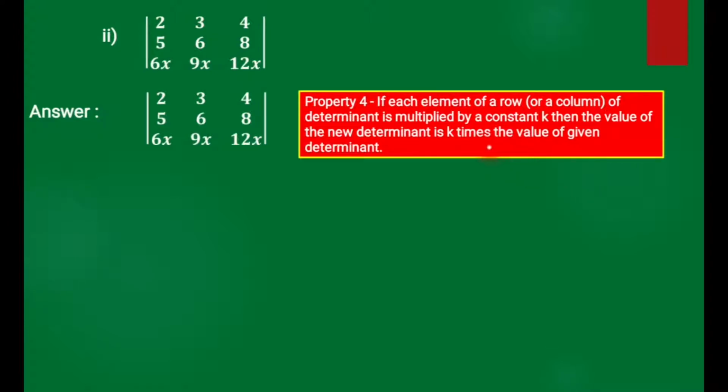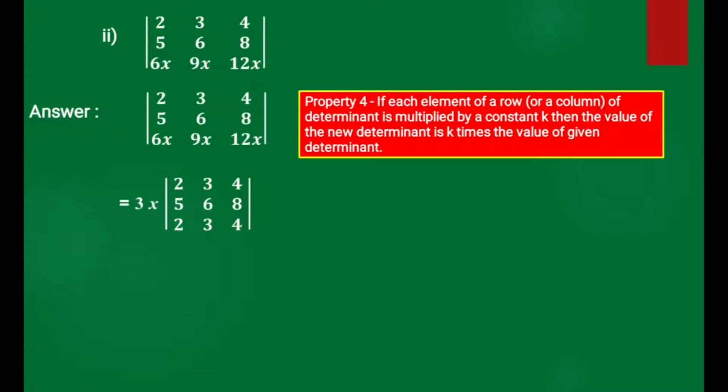That means we can multiply a row or a column by a constant. In the same way, we can take a constant common from a row or from a column. So here from the third row we take 3x common. So we write 3x outside the determinant. We keep the first row elements as they are, the second row elements as they are, and we take this 3x common from the third row.